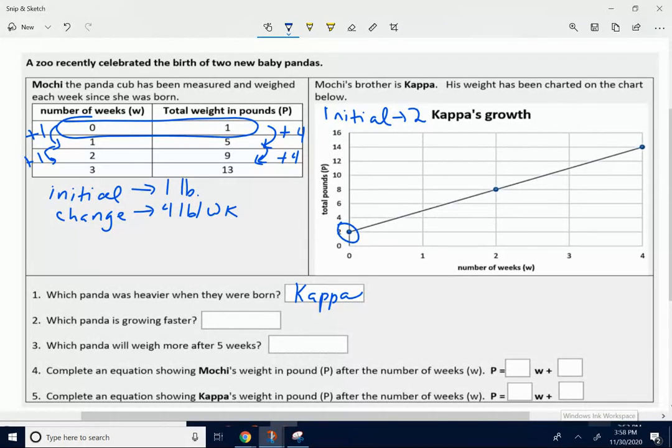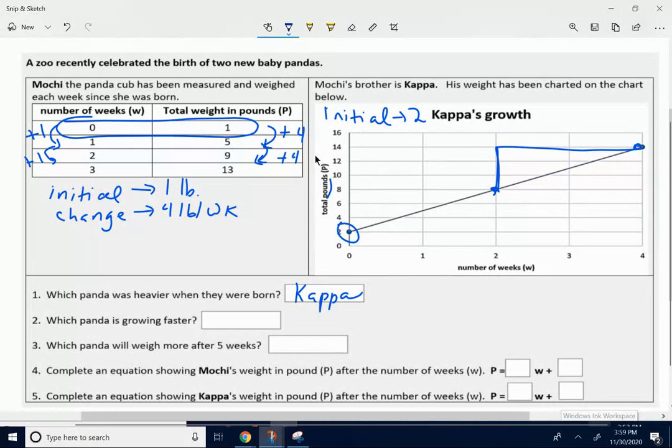For Kappa's growth, just pick any 2 points and do rise over run. I'm just going to use these 2 points here because they're nice corner points. We're going up. Now, be careful. It looks like we're going up 3 pounds over 2 weeks. But notice the y-axis, the pounds, is counting by twos.